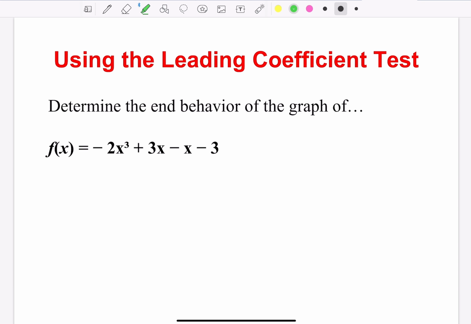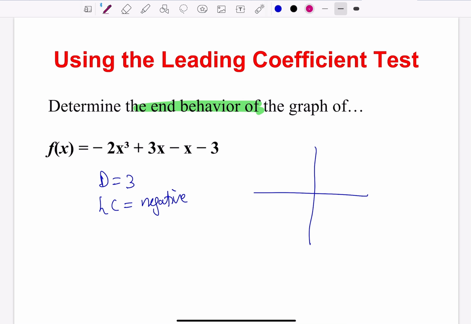Using the leading coefficient test to determine the end behavior of this graph, now we have the degree as 3 and the leading coefficient is negative. So if the leading coefficient is negative, that means my end behavior for the graph is going to be something like this.